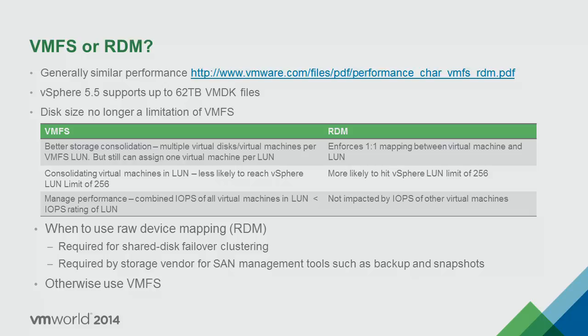If you're running a SQL Server cluster and it is using shared disk, otherwise in SQL 2012, remember there's two types, AlwaysOn Availability Groups and FCI, or Failover Cluster Instance. If it is FCI, the answer is RDM. If you're using shared disk clustering, the answer is RDM. Right? But if you're not doing that, or you're using SQL 2012 AlwaysOn Availability Groups, you can use VMDKs.